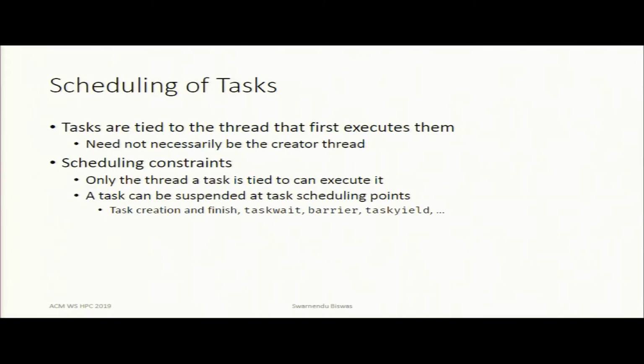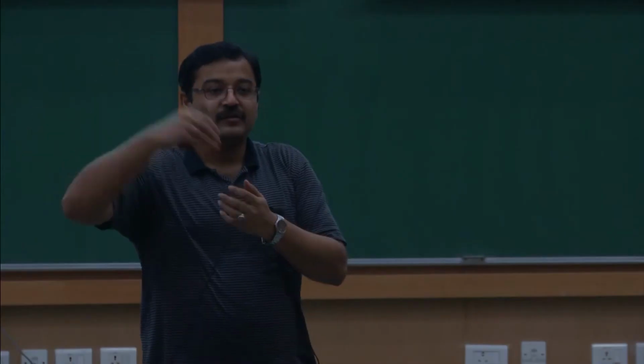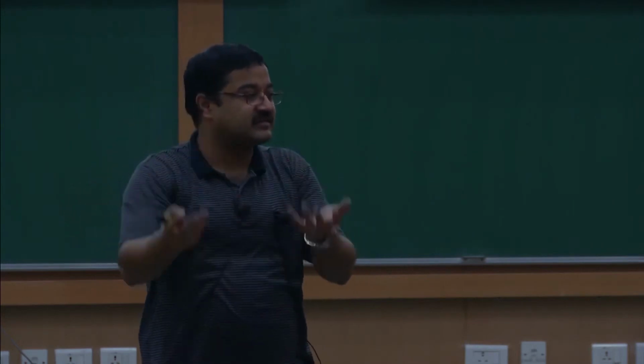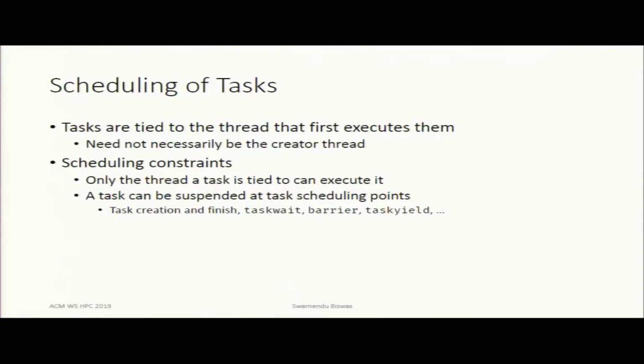This need not necessarily be the creator thread, because there is only one creator thread, right? The first thread that gets to pick up or gets to work on a task gets attached to that task. That means it is that thread's responsibility to execute or finish completion of this task, right? So only the thread a task is tied to can execute it. This is something that is important, right? And this is mostly for locality purposes and other, it simplifies a lot of things.